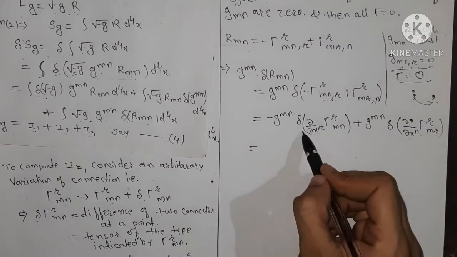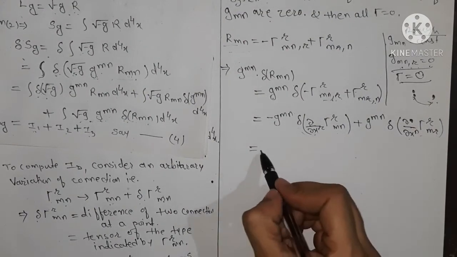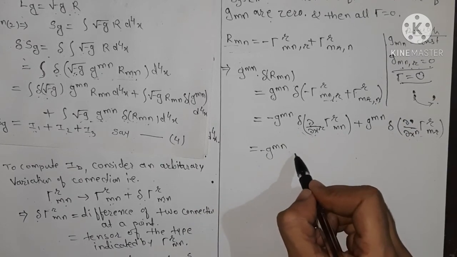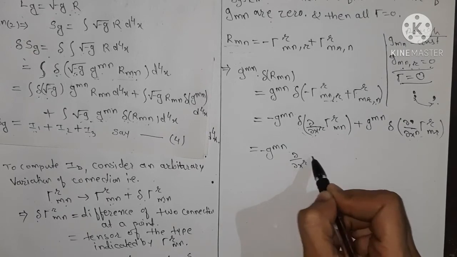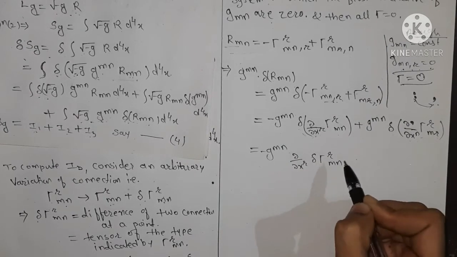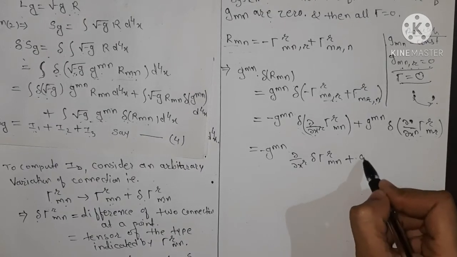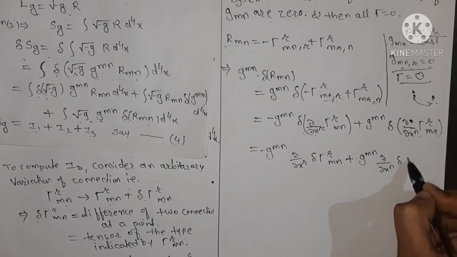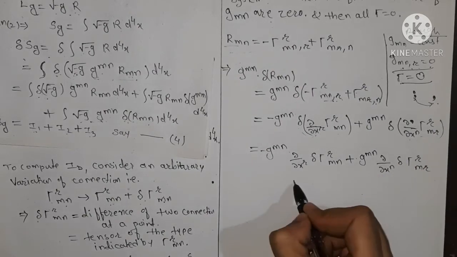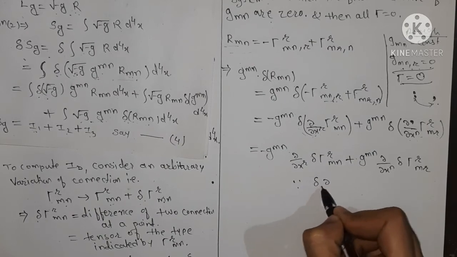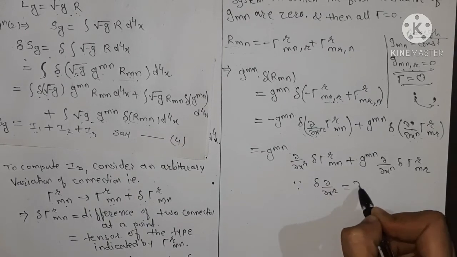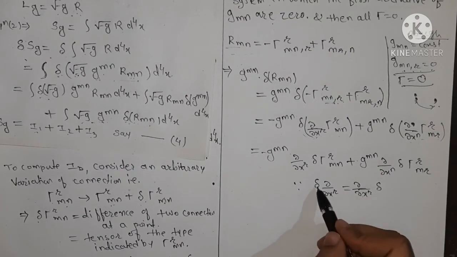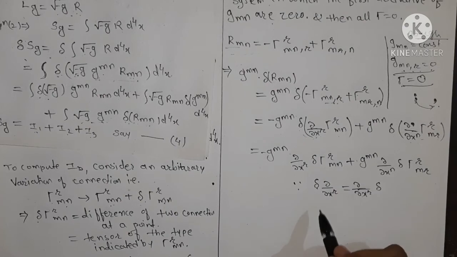So now since we can reorder these, minus g^{mn} is equal to ∂/∂x^r of δΓ^r_{mn} plus g^{mn} ∂/∂x^n of δΓ^r_{mr}. This is because δ of ∂/∂x^r is equal to ∂/∂x^r of δ. That is, we can change the ordering of the delta and the partial derivative.